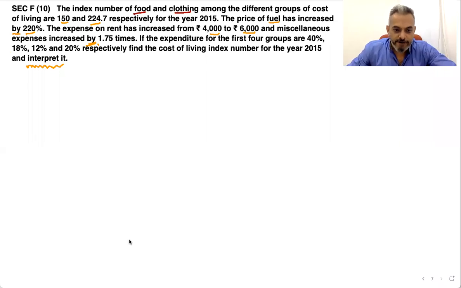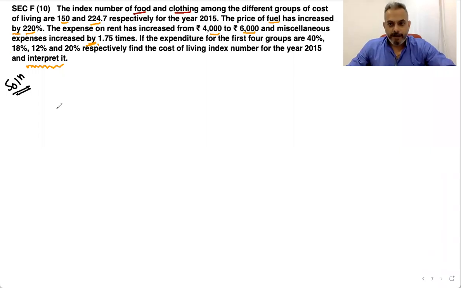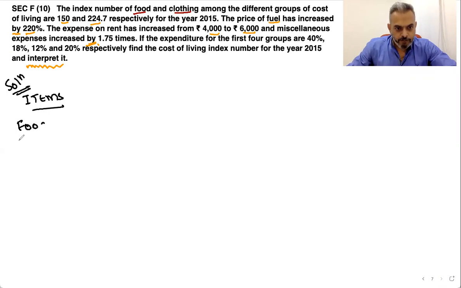Okay, so let's go to the solution. Now first we write the items. Food, clothing, fuel, rent, and miscellaneous.